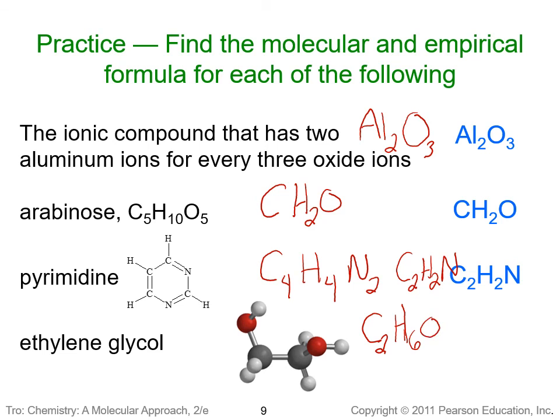Oxygen is red, and there are 2 oxygen. Again, carbon first, then hydrogen, then any other element. We would divide our subscripts by 2, and so our empirical formula would be CH3O.